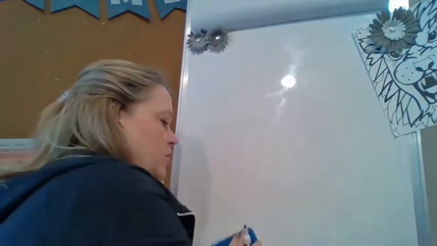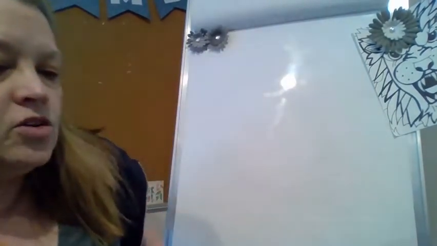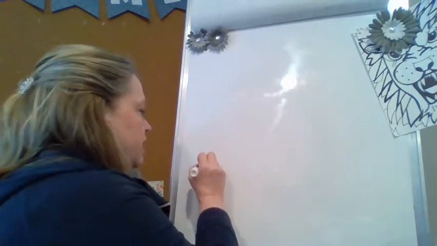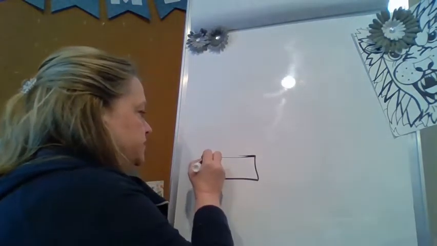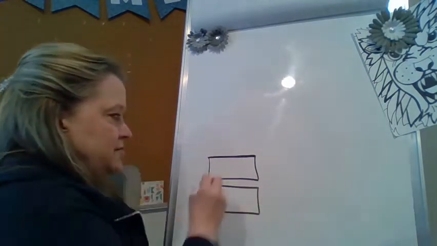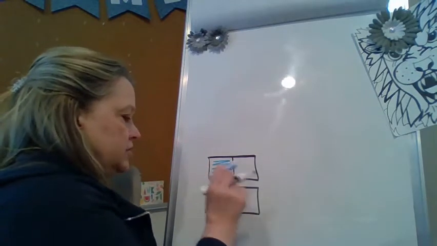Now that we know how to create equivalent fractions, we now can do something like comparing. When you compare bars, let's say fractions, that are not divided the same way. For example, here we go, we have 1/2 colored.